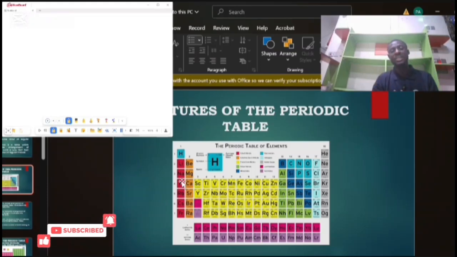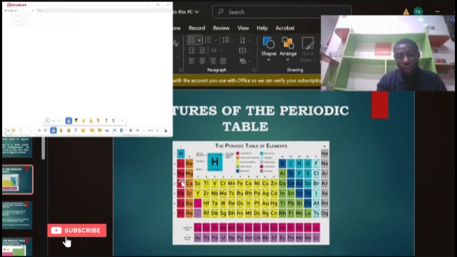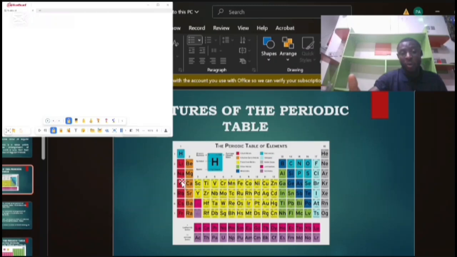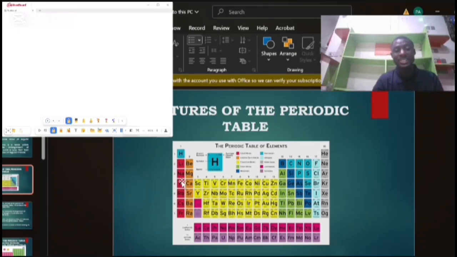You see 1, 1, 1, 1, 1, that regular pattern. That is the occurrence of that property, and that property is the valence electron, which is 1. So all elements in group 1 have 1 electron as their valence electron.